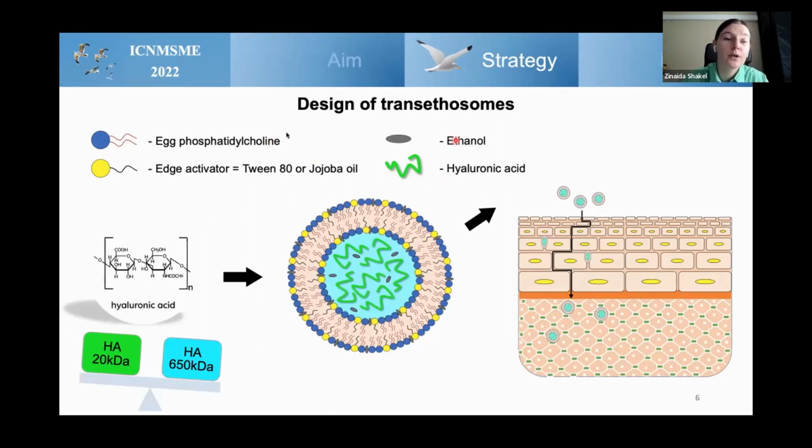That's why we introduce ethanol and an edge activator to the structure, to make this liposome more flexible, to better penetrate the skin. Also, we decided to choose two types of hyaluronic acid, smaller molecular mass and bigger one, and we will see the impact on structure later.